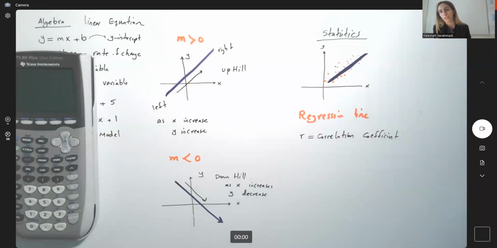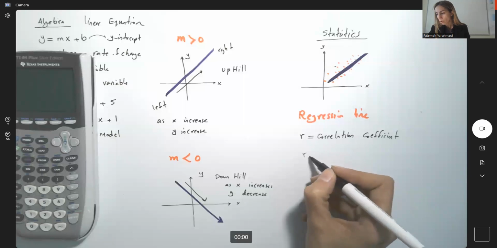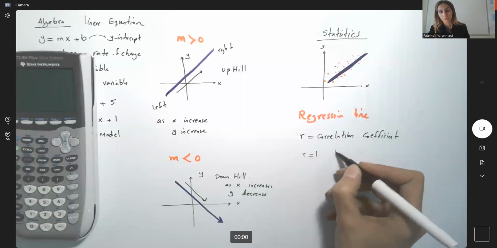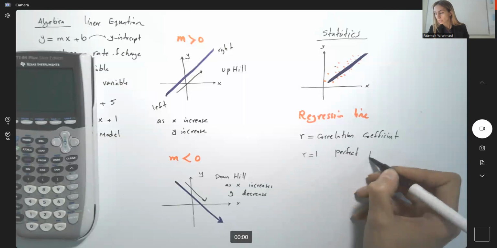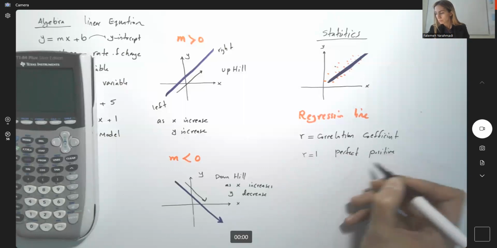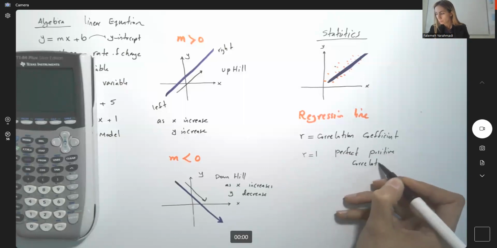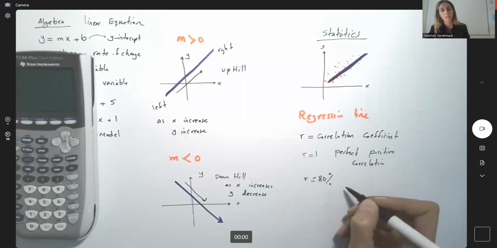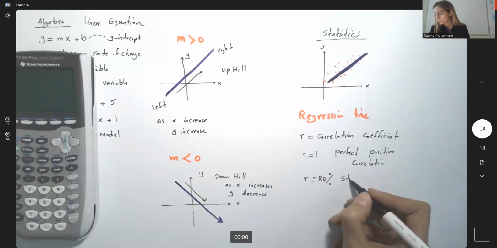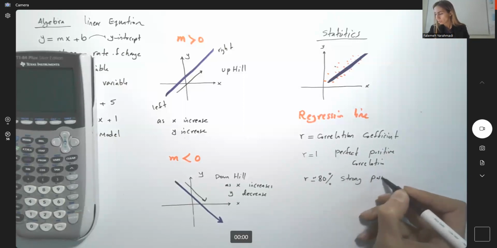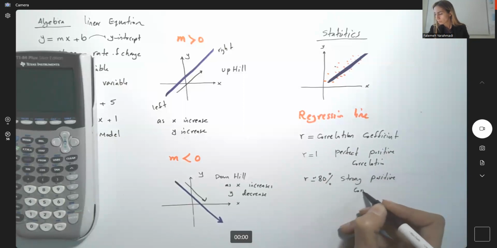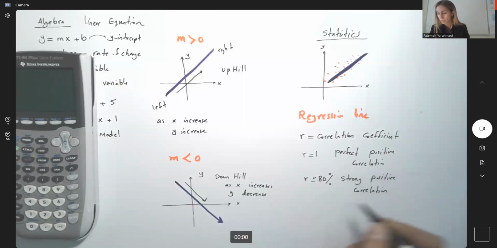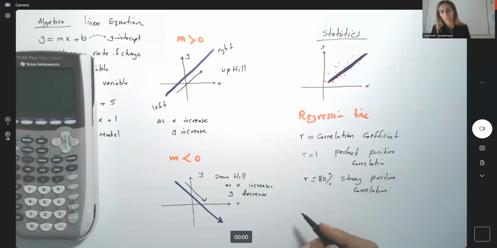What is the association between them? As long as r is equal to 1, we have a perfect positive correlation. If r is around 80%, then we have a strong positive correlation. But if r is getting smaller than these, then we say that we have a weak positive correlation.